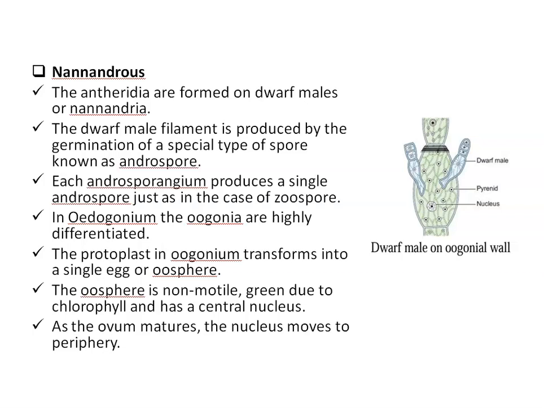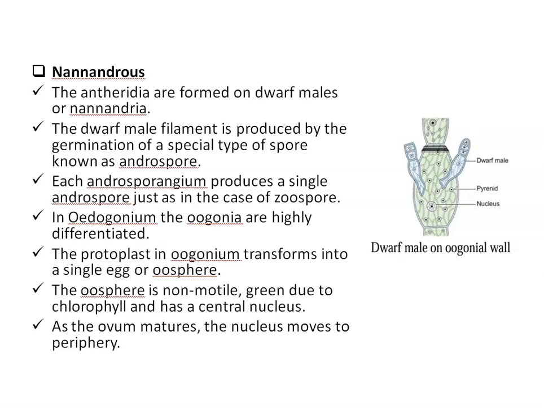Oogonial mother cell divides by transverse division into two unequal cells. The upper larger cell contains more cytoplasm and food, and it enlarges into a spherical flask-shaped oogonium. The lower smaller cell functions as supporting cell. When the supporting cell divides again, many oogonia are formed in chain.